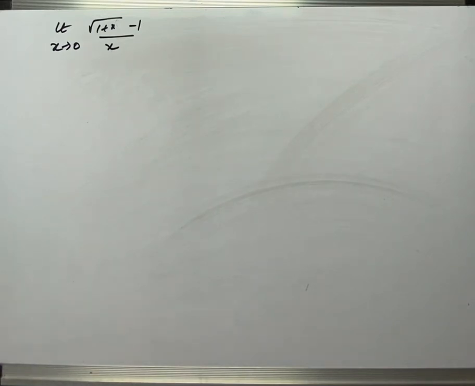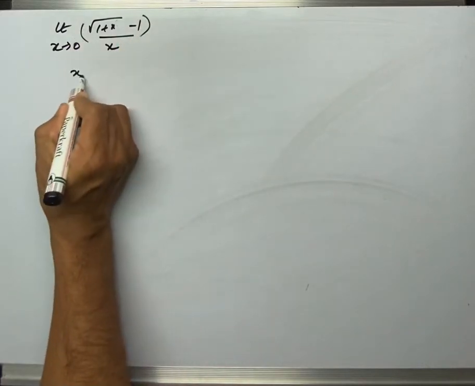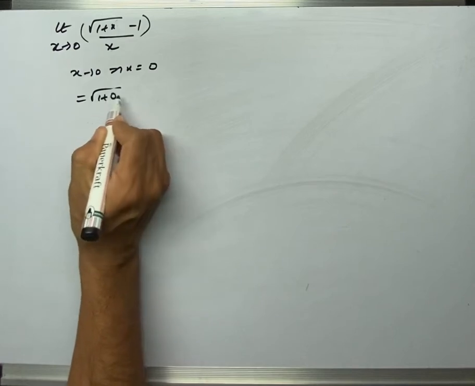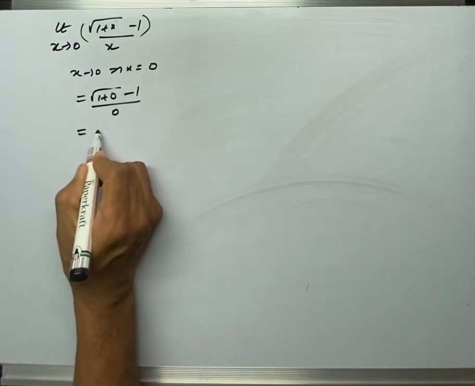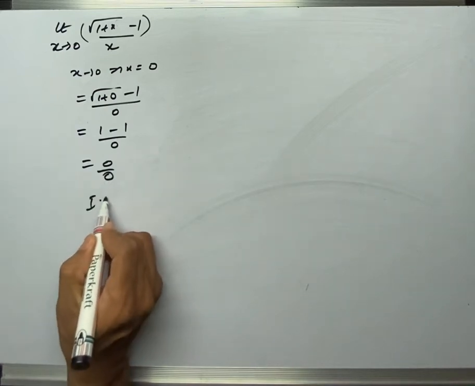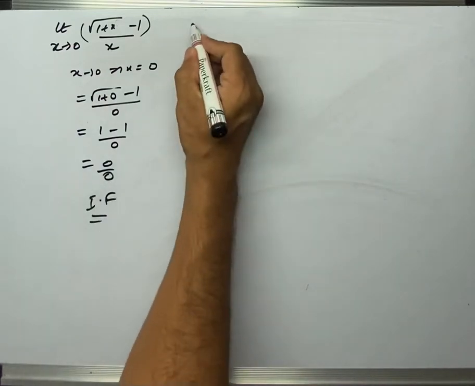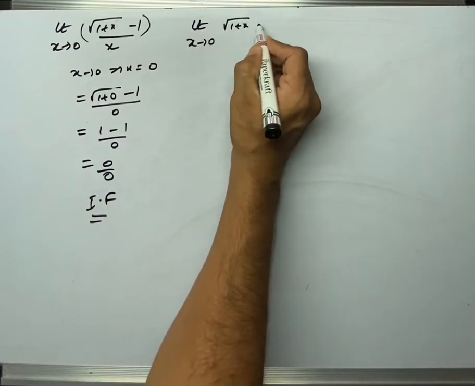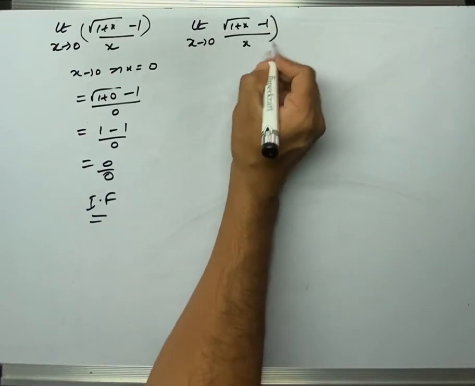What we'll do, x tends to 0 implies x is equal to 0. Root over 1 plus 0 minus 1 by 0, 1 minus 1 by 0, which is 0 by 0 indeterminate form. Once we get the indeterminate form, we'll write the question once again. Root 1 plus x minus 1 by x.